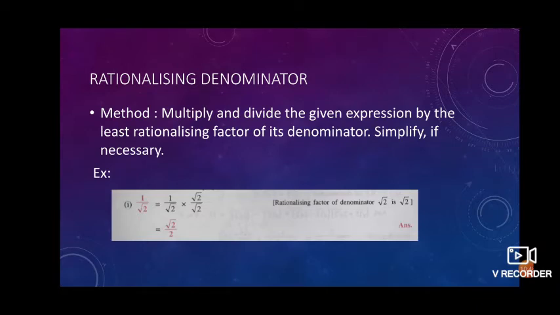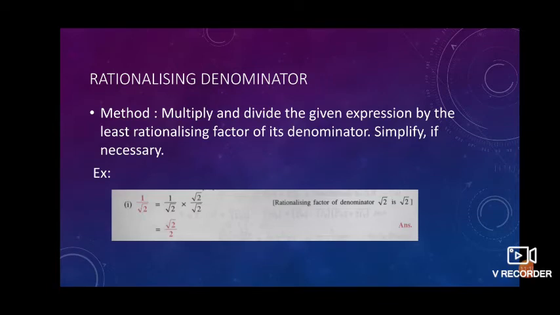So if we multiply only the denominator, will it be correct? No, children. Whatever we are multiplying in the denominator, the same thing we have to multiply in the numerator. By that way, both will get cancelled. Means we are multiplying like with a 1. So now I am multiplying 1 into root 2 by root 2 into root 2. Now in the numerator it is 1 into root 2 only.